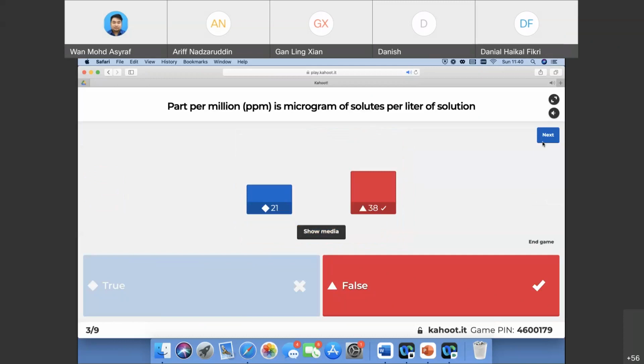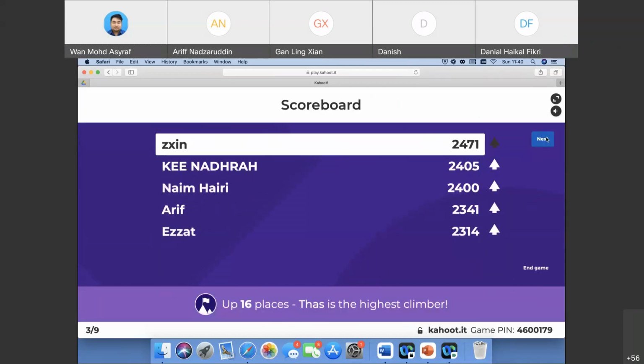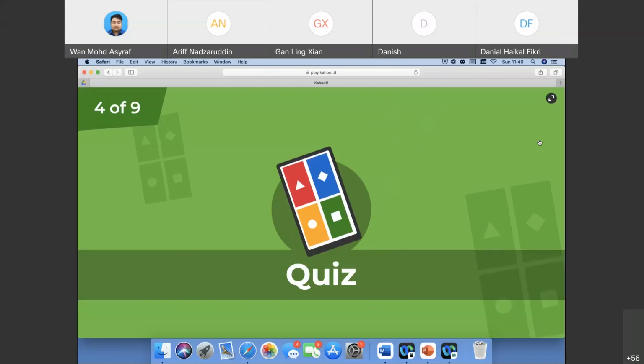Alright, jawapannya adalah false ya. So, part per million is milligram. Part per billion is microgram. Okay, that's the difference. Right. So, siapa tempat pertama? Sesin tempat pertama. Okay.